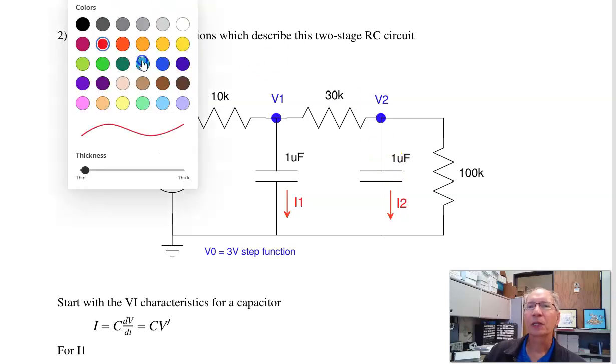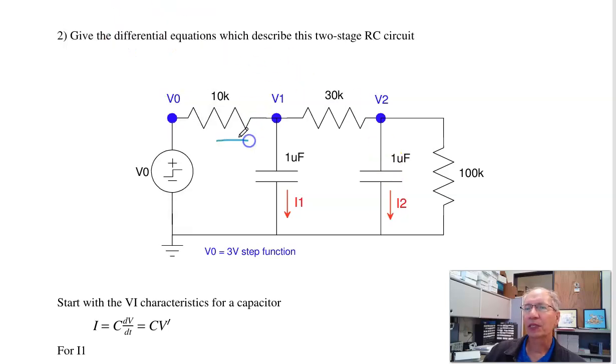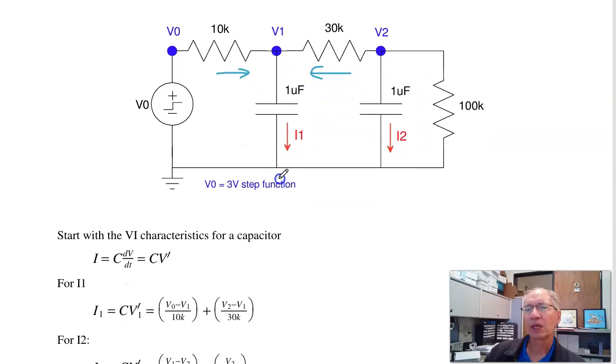To find I1, I will find the current to the node, and from conservation of current, these two currents added together give you I1. So I1 is C dV dt, is (V0 minus V1) over 10k plus (V2 minus V1) over 30k.